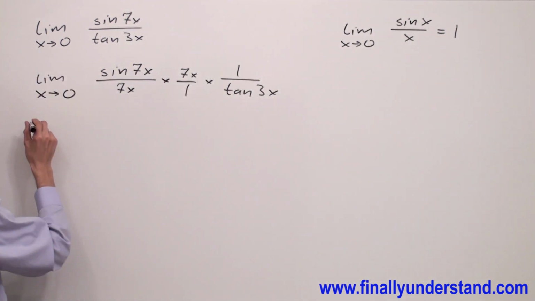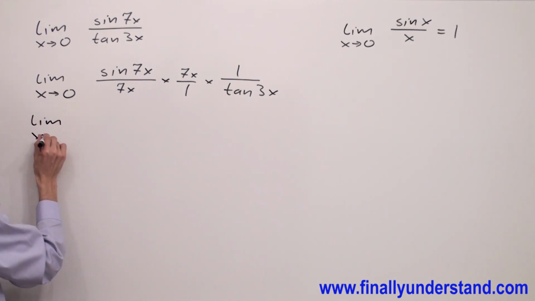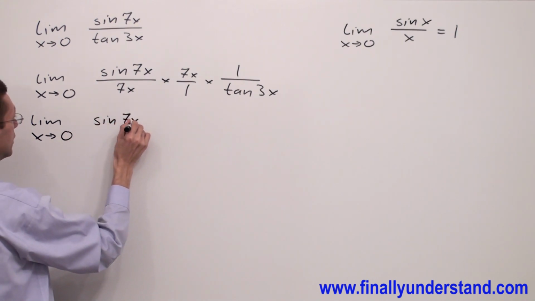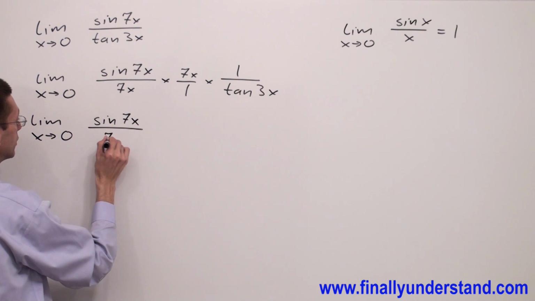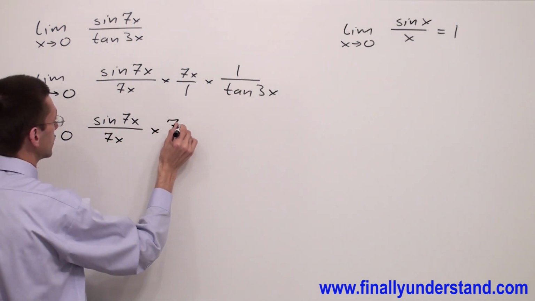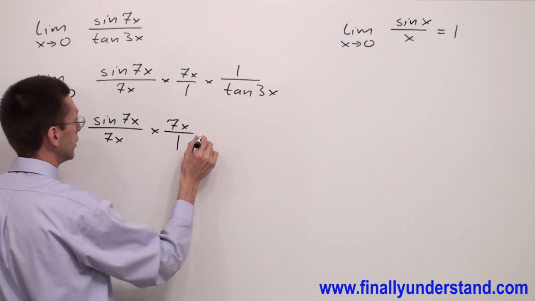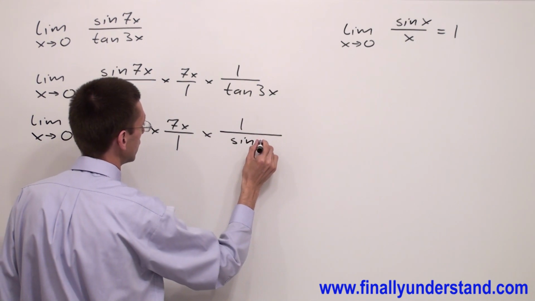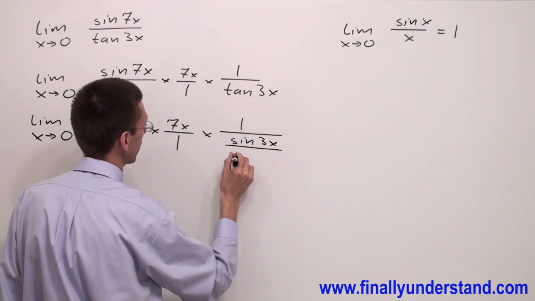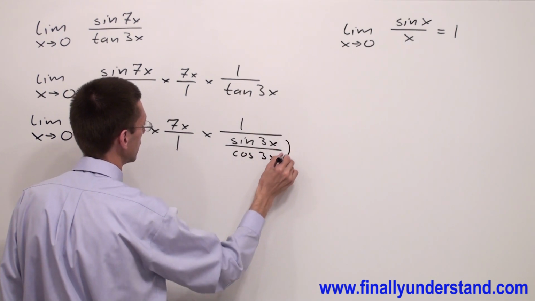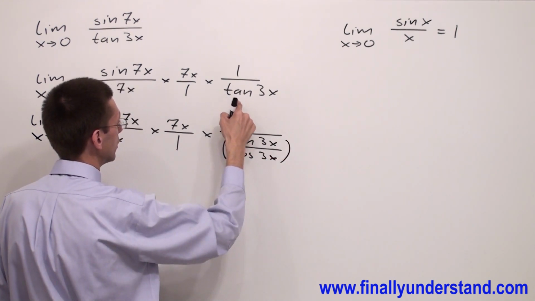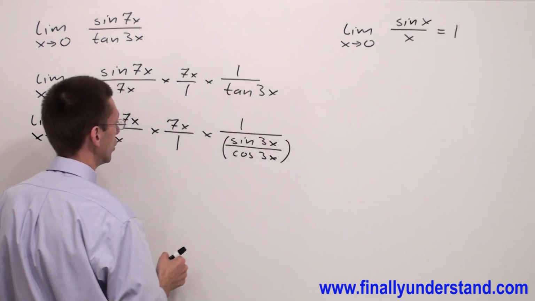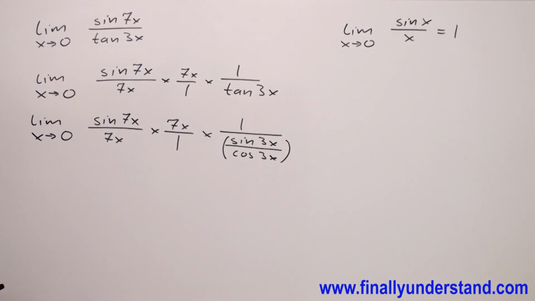So we can rewrite this as the limit with x approaching 0 of sine 7x over 7x times 7x over 1 times 1 over sine 3x over cosine 3x, because we said that tangent is equal to sine over cosine. So tangent 3x is sine 3x over cosine 3x.